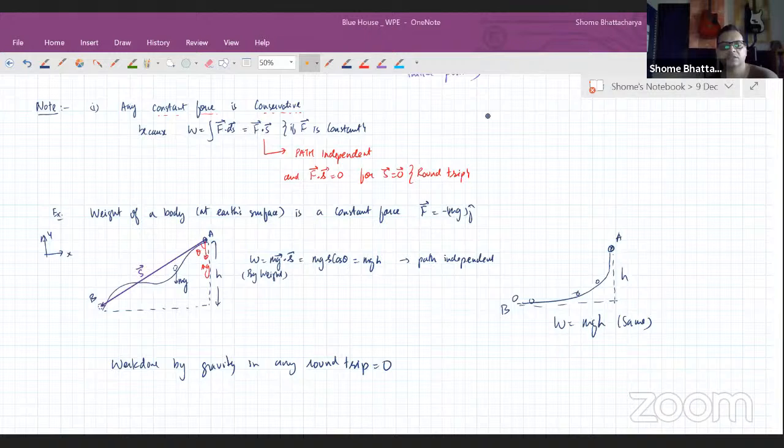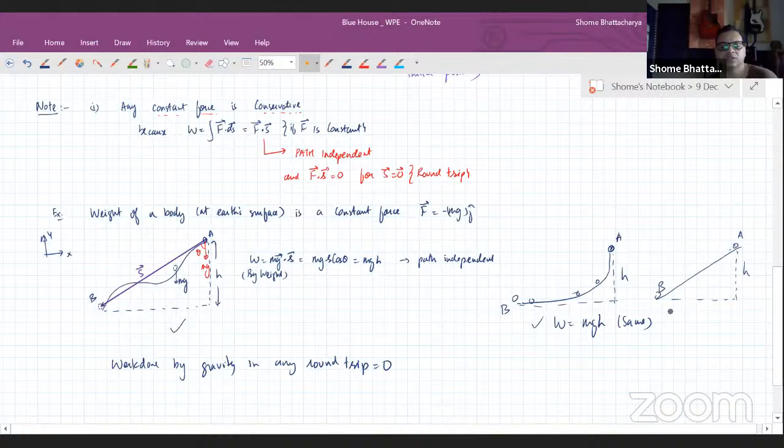There are two different paths. This is path 1, this is path 2 between A and B. You can see there are different paths. The slope is different. You can have a third path also, like a straight inclined plane between A and B. But in all of these paths, the work done by gravity will be the same as long as the points A and B are the same. The work done by gravity will be mgh, whether we are taking diagram 1, 2 or 3.